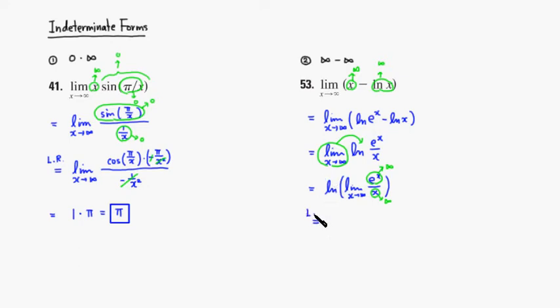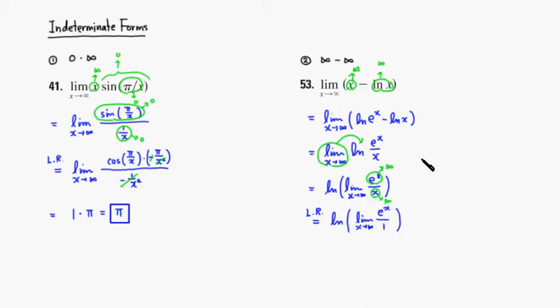By applying L'Hopital's rule, we'll get the natural log, then you still have the limit as x approaches infinity of the derivative of e to the x, which is itself, over the derivative of x, which is 1.